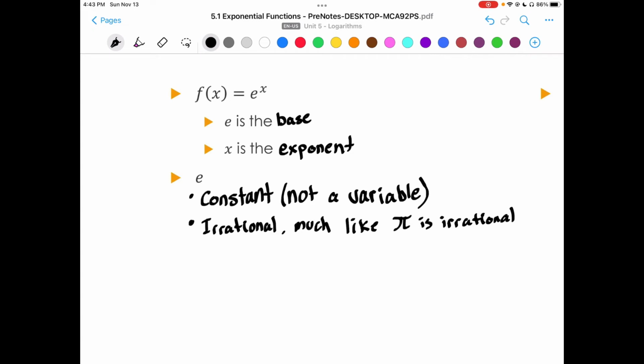This e was actually coined by a Swiss mathematician named Leonhard Euler, spelled Euler. He lived in the 1700s. He was the one that coined it as e, most likely, I would assume.